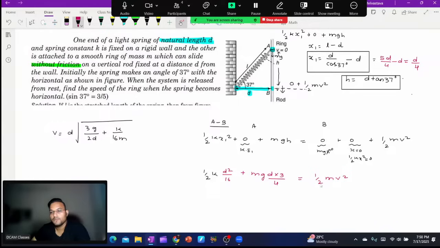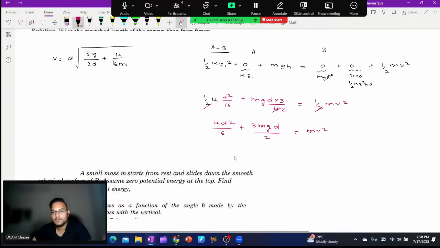If we cancel this 2, it will be kd square by 16 plus 3mgd by 2 is equal to mv square.